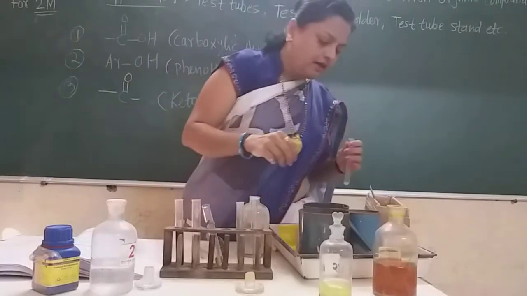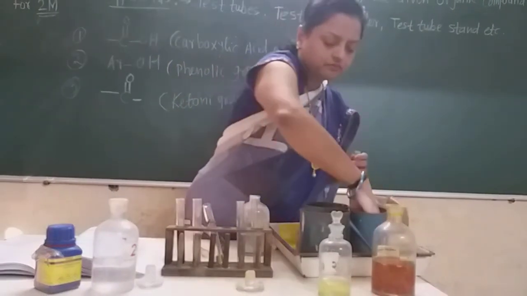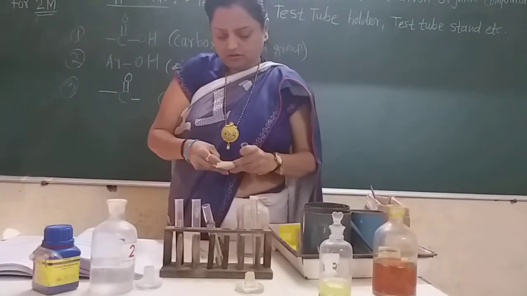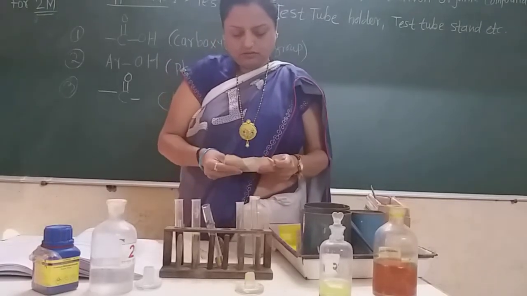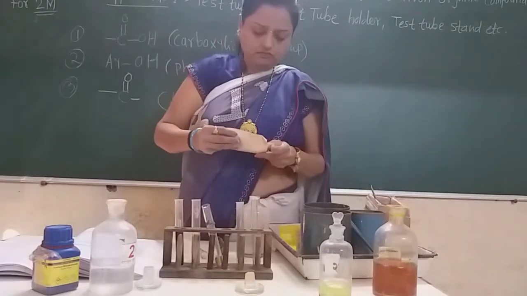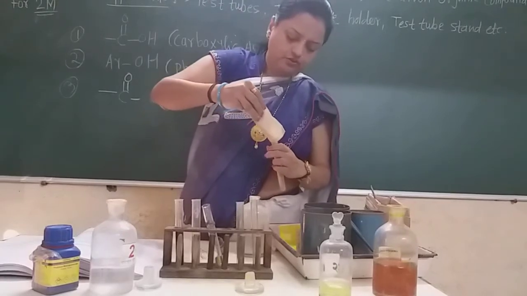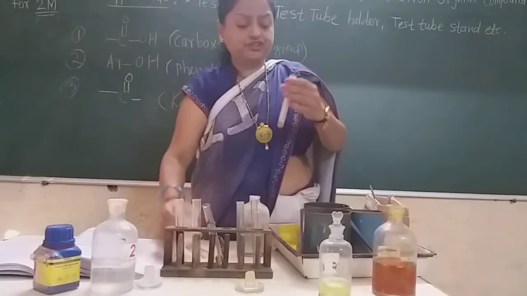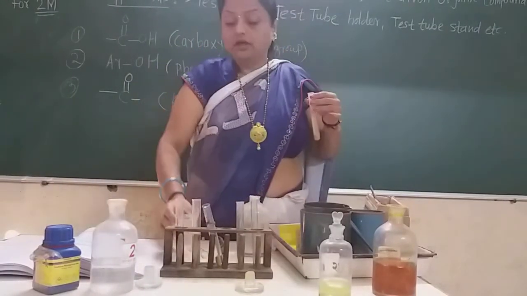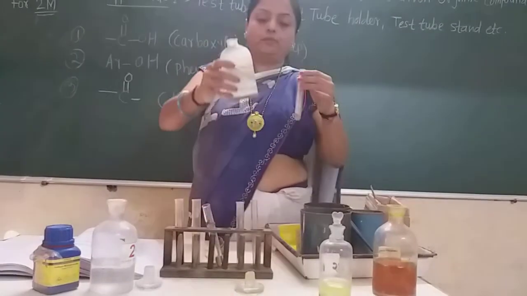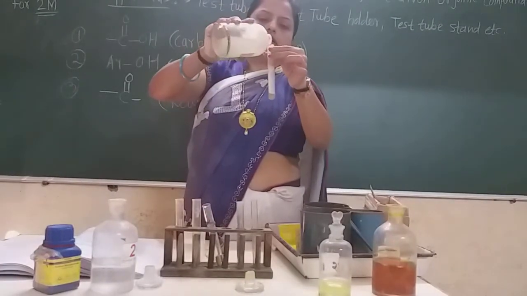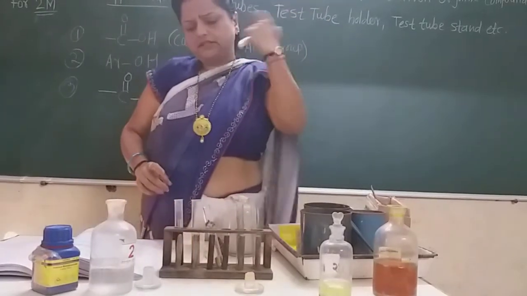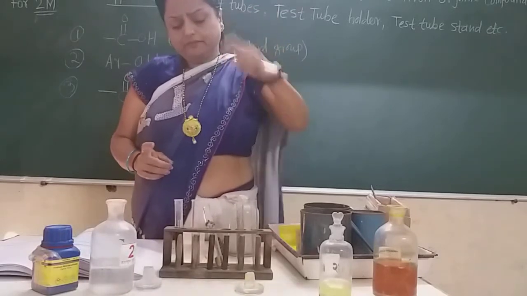So first prepare the beta naphthol solution. Now beta naphthol is given to us. We will take it into a test tube. You may use a very hard glass test tube for this test, and prepare the solution of beta naphthol in NaOH. So I add here the NaOH solution. Now shake vigorously. This is the beta naphthol solution.